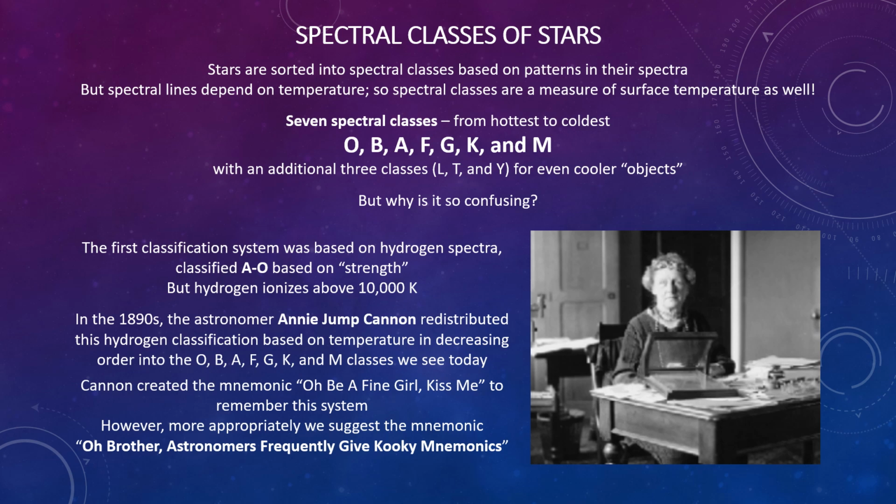So in the 1890s, the astronomer Annie Jump Cannon redistributed this hydrogen classification based on temperature in decreasing order, going from O, B, A, F, G, K, and M classes that we see today. She created the mnemonic device to remember this system.